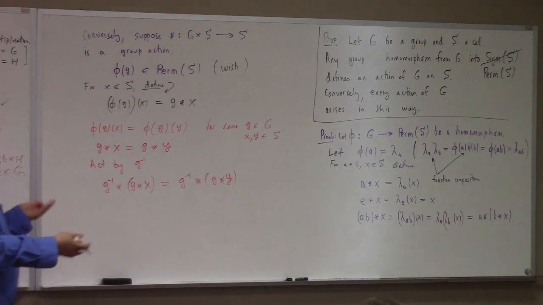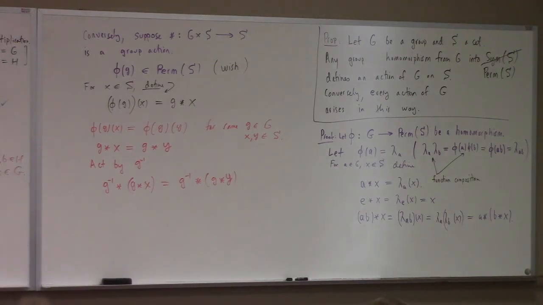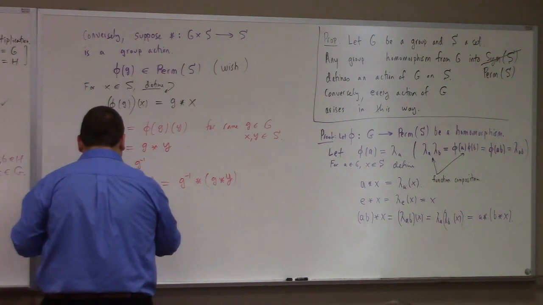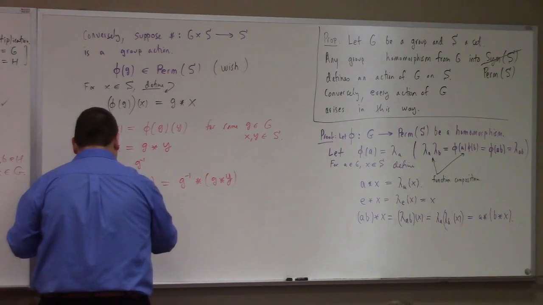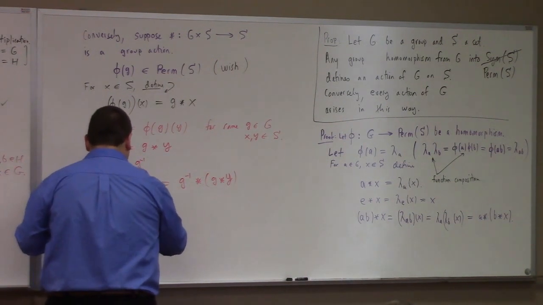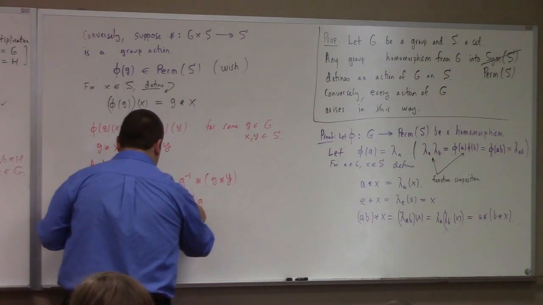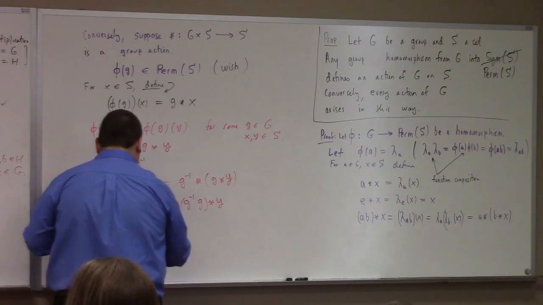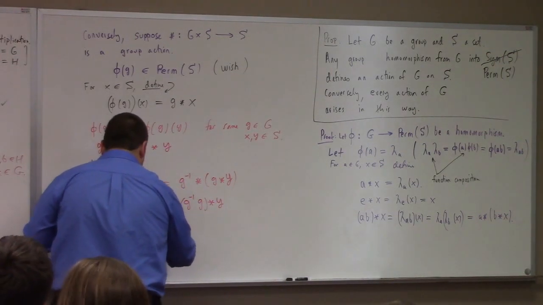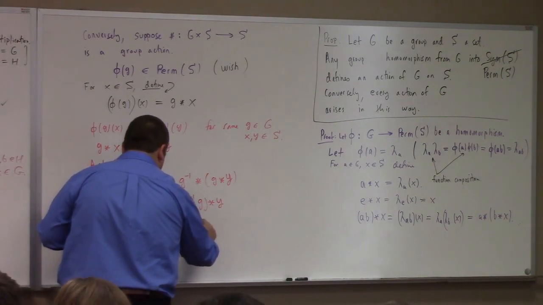But then by the associativity, quote unquote, of the group action, I can rewrite that as G inverse G acting on X, and G inverse G acting on Y, which gives us E acting on X equals E acting on Y.